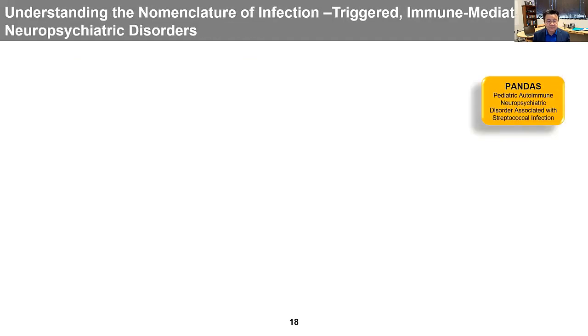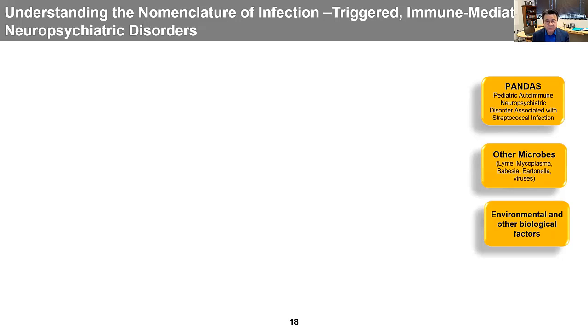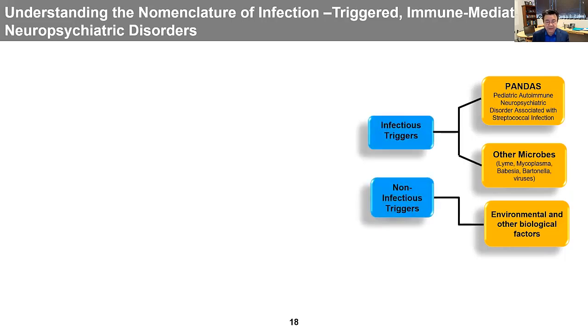So let me briefly go to the nomenclature, because this sometimes can be a little bit challenging in the sense that we mentioned PANDAS. It refers to streptococcal infections, whereas it is also known that other microbes do bring on and can elicit these same symptoms, and also environmental and other biological factors.